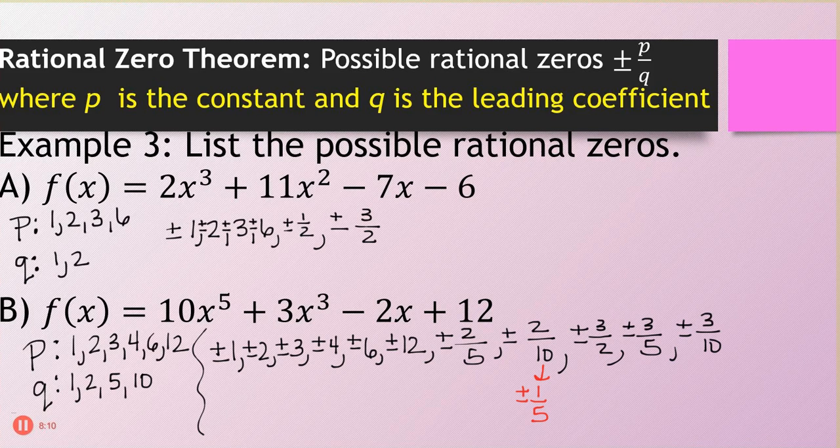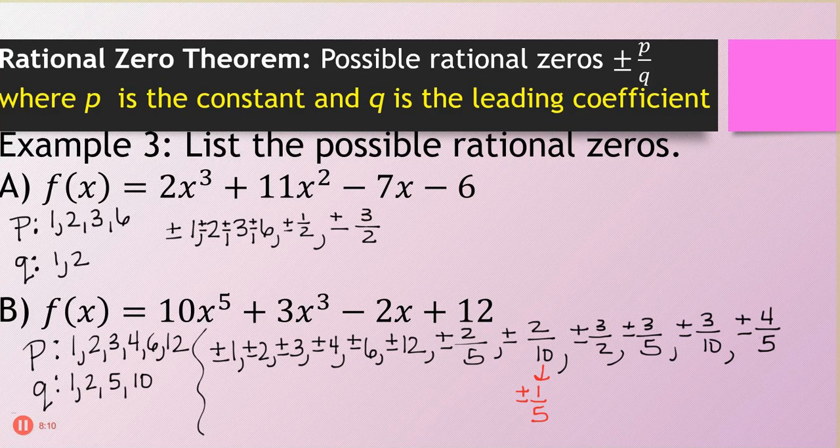Okay, so now let's go to the fourth. We have 4 over 1, which we already have. 4 over 2, which is 2, we already have that. And then we have 4/5 and 4 over 10. So 4/5 is a new one, but 4 over 10 reduces to 2 over 5, which we already have.